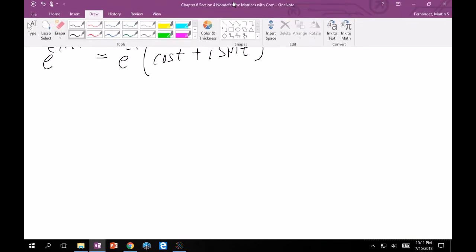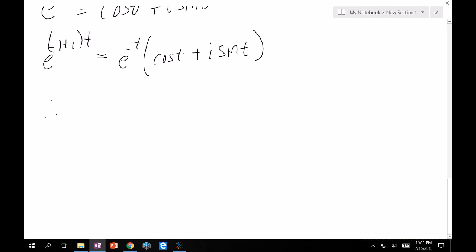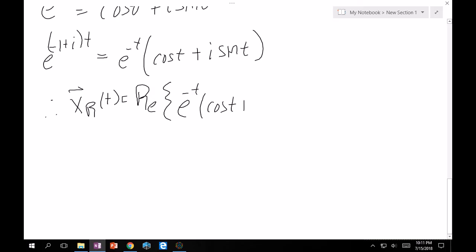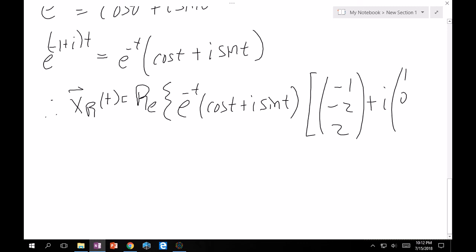So therefore, the real part, remember I call it x real of t, is going to be the real part of whatever is in here, so e to the minus t times (cosine t plus i sine t) multiplied onto the vector that we had, right? So that was (minus 1, minus 2, 2) plus i (1, 0, 0).